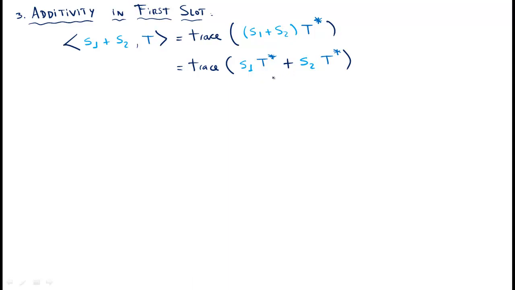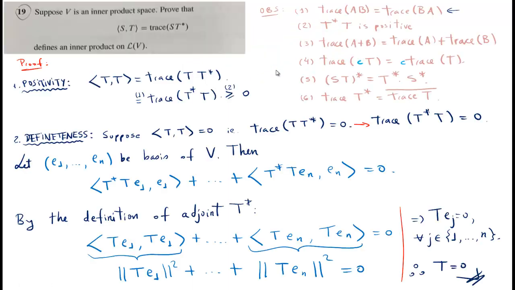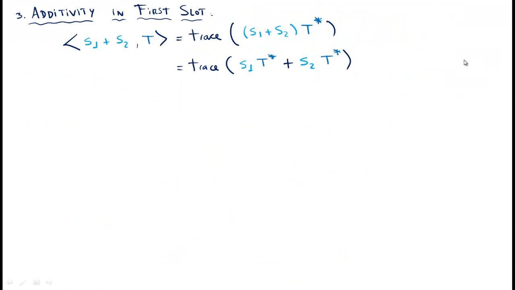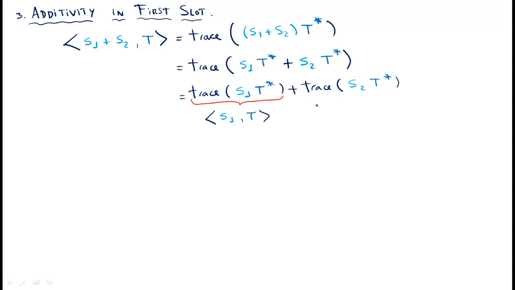And by the property of the sum of trace, this is the trace of S sub 1 times T adjoint plus the trace of S sub 2 times T adjoint, and by definition this is the inner product of S sub 1 and T plus the inner product of S sub 2 and T.